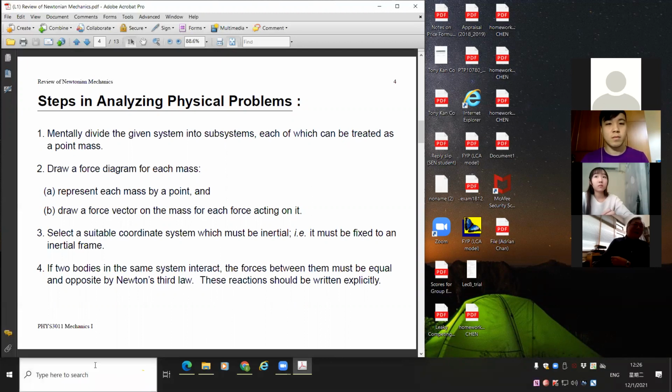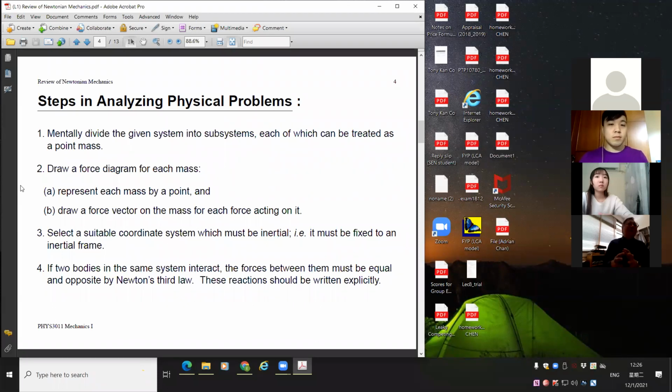And the second step is to draw a force diagram for each mass, right? So we represent each mass by a point and then draw a force vector acting on the mass for each force acting on it.